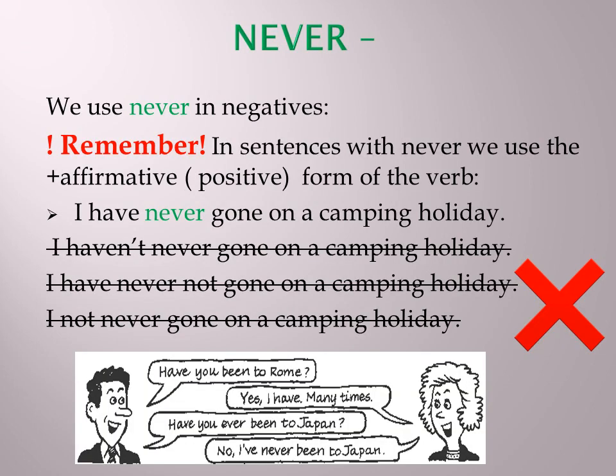Never. We use never in negatives. Remember, in sentences with never, we use the affirmative form of the verb. Look at the example. I have never gone on a camping holiday. Now please look at the sentences which are crossed out. Please don't repeat this mistake.